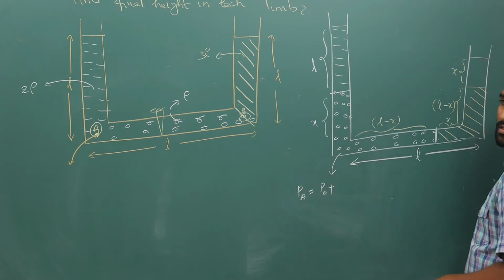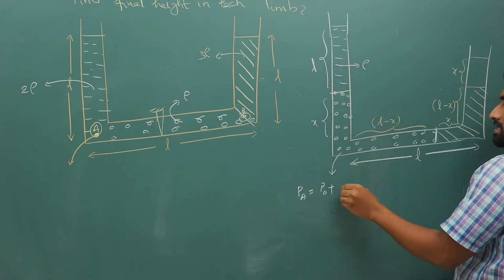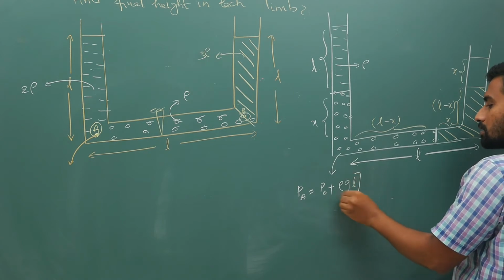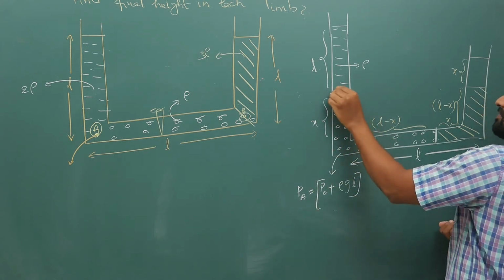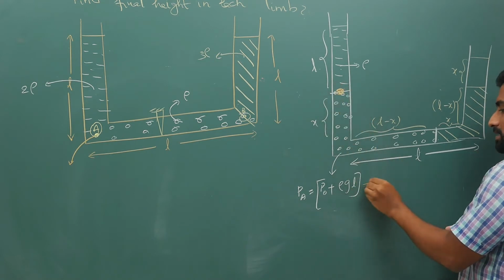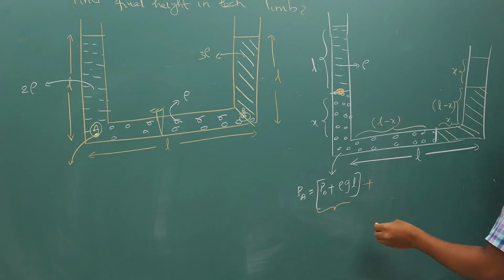Now, if you are considering the pressure at the bottom point, it is P naught plus this side. You have two liquids; one liquid's density is rho, so P naught plus rho G L is the pressure at this point.